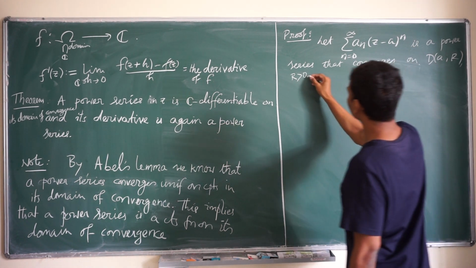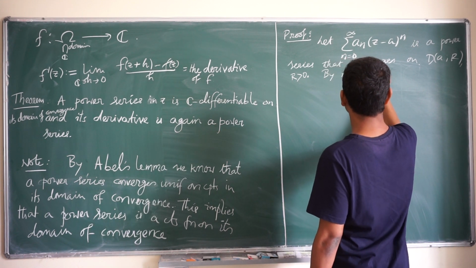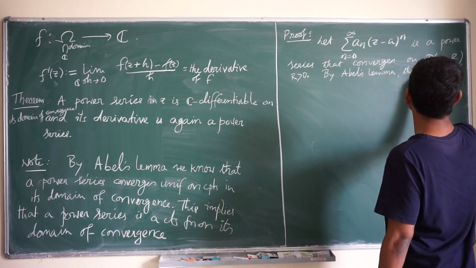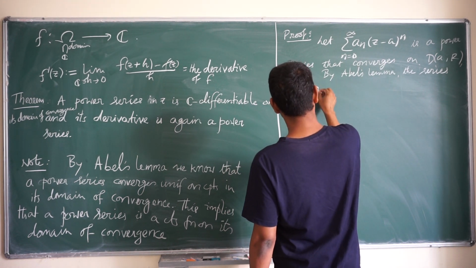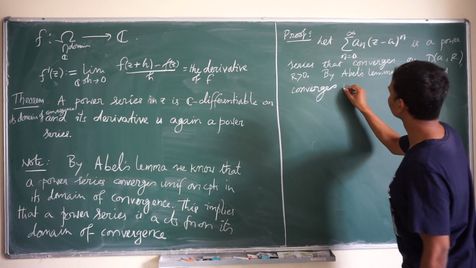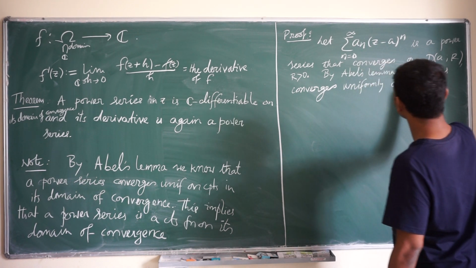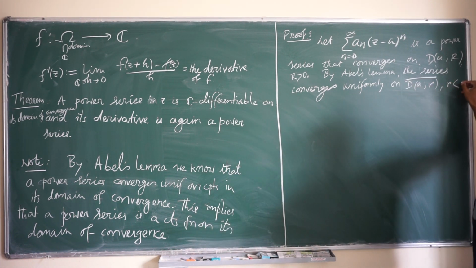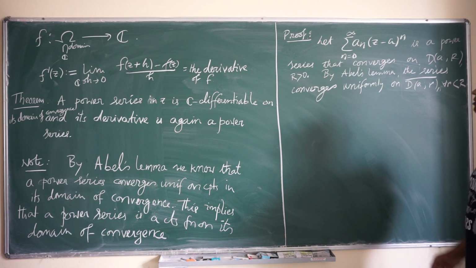Then by Abel's lemma, the series converges uniformly on the closed disk D(a, r) for all r less than R.